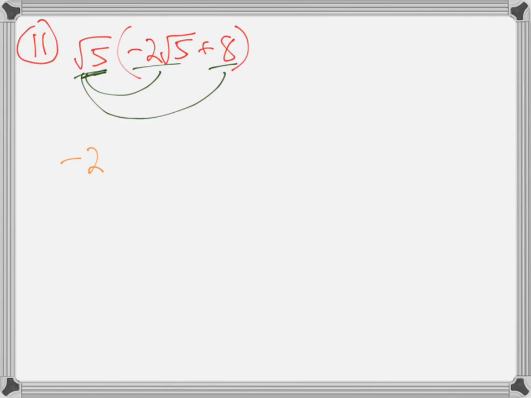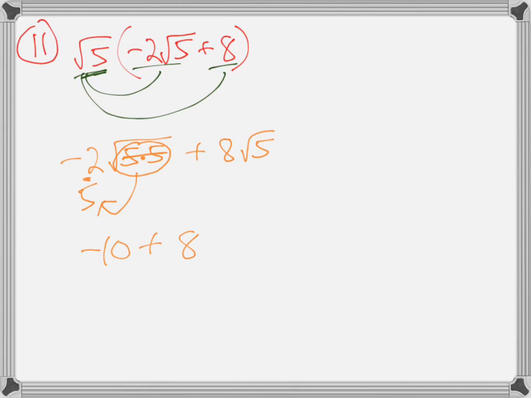So we'll get minus 2 square root of 5 times 5 plus 8 square root of 5. Is that good so far? And so now what do those 2 5s do on the inside? 2 in, 1 out, huh? So 2 in, out comes a 5. They're gone, and the root's going to vanish. When there's nothing left inside the root, it always just vanishes. So 2 times 5, it's minus 10 there, plus 8 root 5, and we just leave it like that.